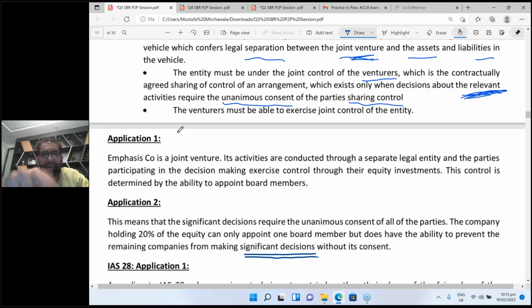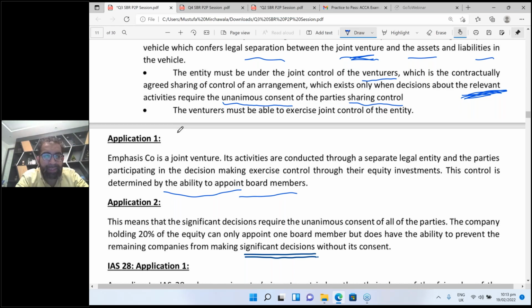Yes, you have been told openly. Its activities are conducted through a separate legal entity. Yes, in the question we read that. And the parties participating in the decision making exercise control through their equity investment. This control is determined by the ability to appoint the board members. Yes, you will send your board members.